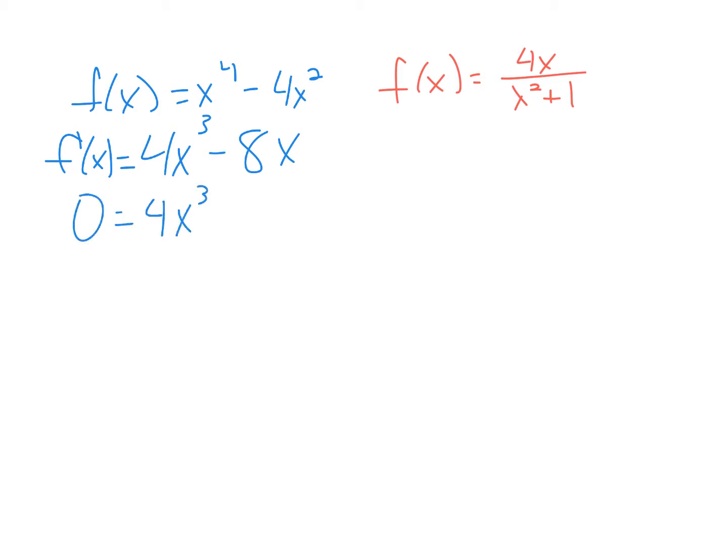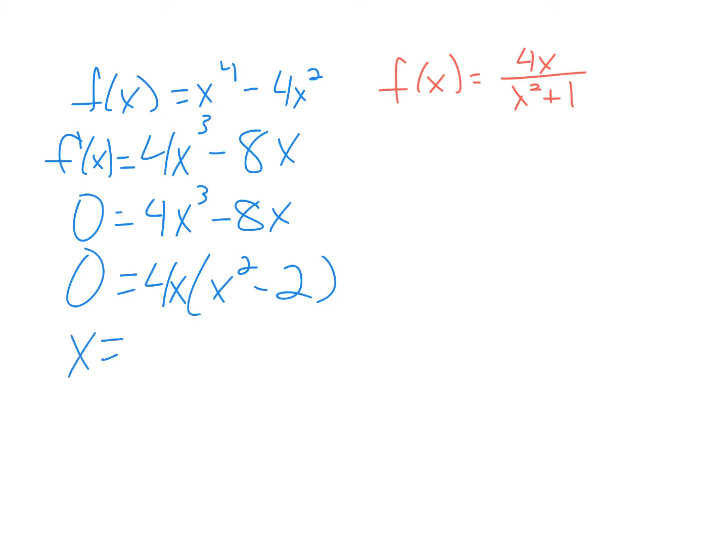What values make this 0? Well, that's why we did factoring at the beginning of the year and all that fun stuff. We found a GCF, set them equal to 0, so x equals 0, and x equals root 2 and negative root 2.